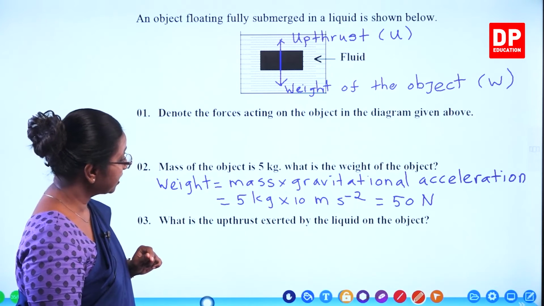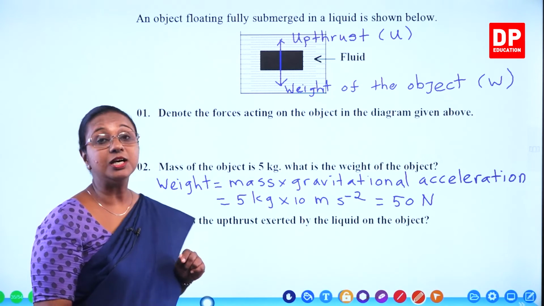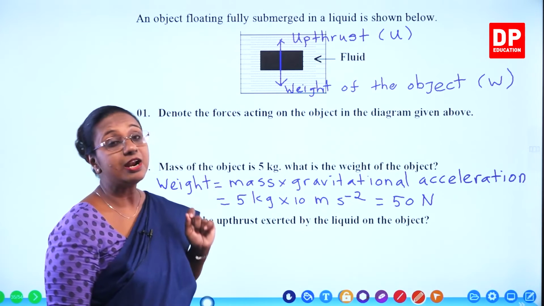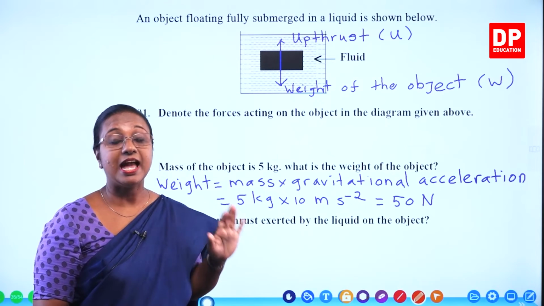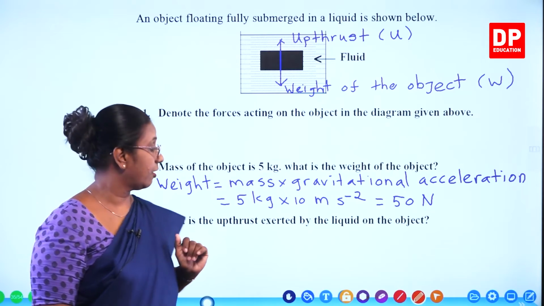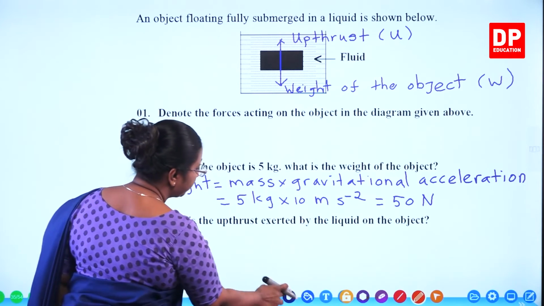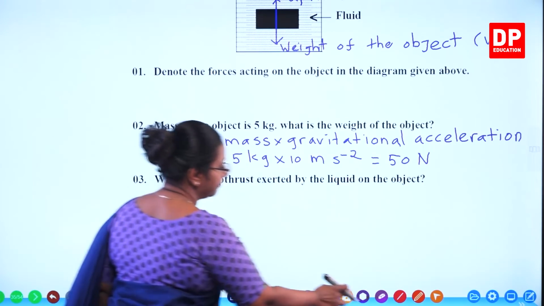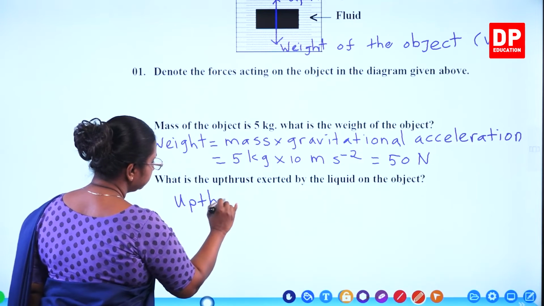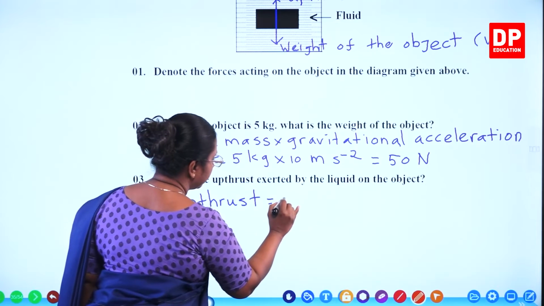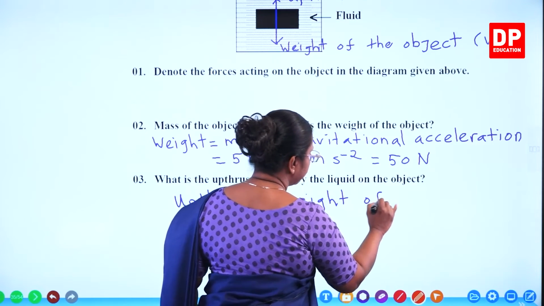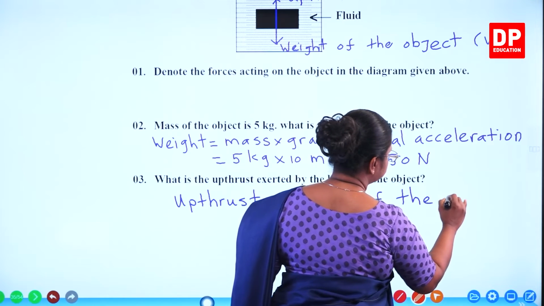So the weight of the object is 50 Newton. Mass is 5 kilograms into gravitational acceleration 10. What is the upthrust exerted by the liquid on the object? You all know that when an object is fully submerged and is floating, the upthrust is equal to the weight of the object. So we can say upthrust equals weight of the object.